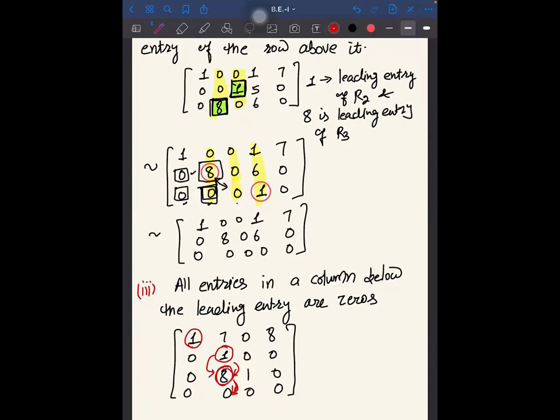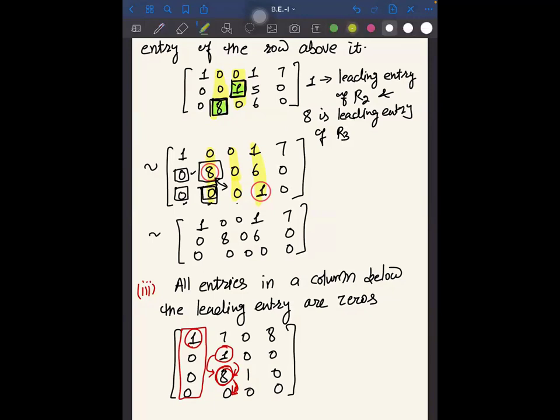But the point I want to make is, if you say this matrix is in echelon form, then it has to satisfy certain properties. One of the properties is that all the entries below the leading entries in that column should be 0. In the first case, it is fine. All the entries below the leading entries are 0. But in the second column, it doesn't follow.